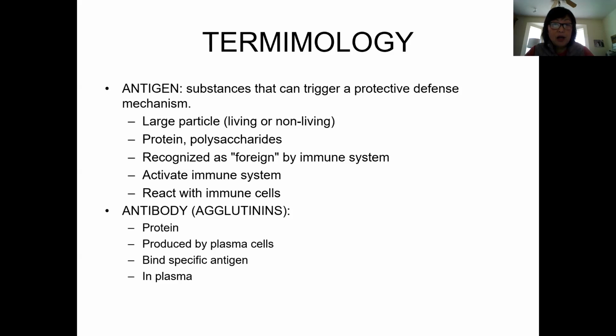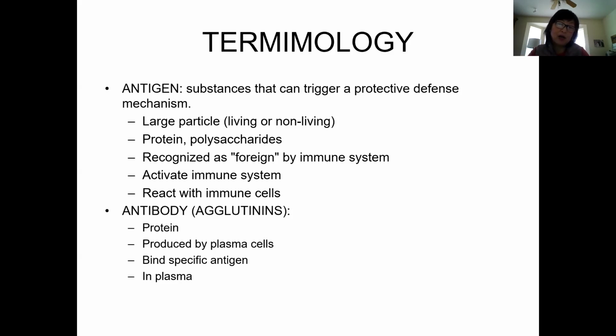On the blood cells in your blood, the antigens can determine your blood type. In that case, these antigens are proteins. They are located on the surface of red blood cells. When you talk about antibodies, antibodies are all proteins. They're produced by plasma cells.